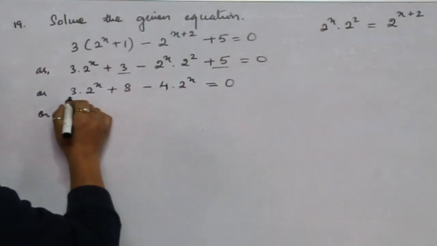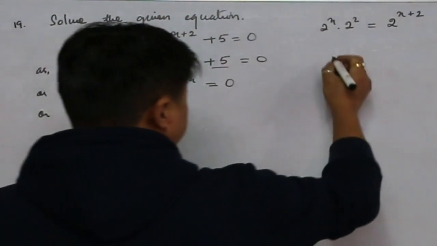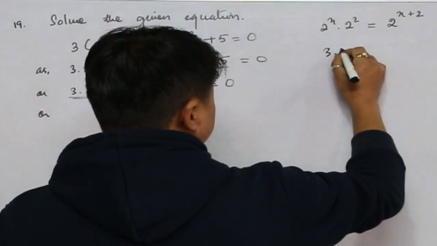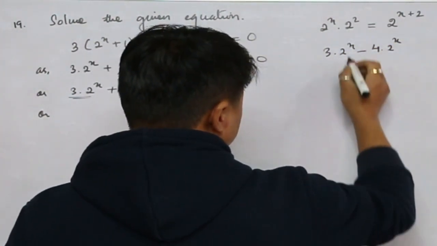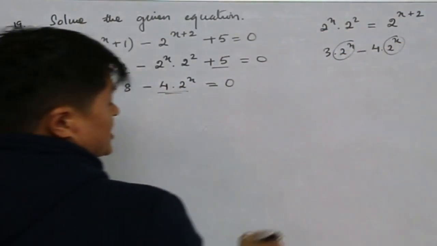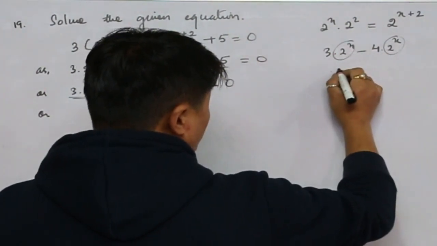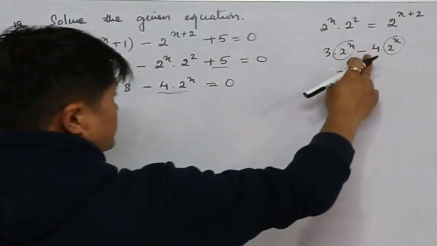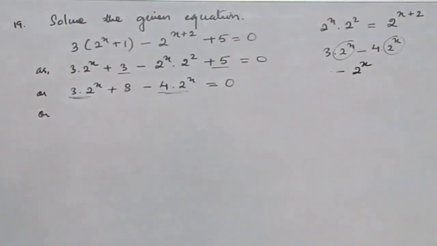If you noticed, this and this are similar terms, because it is 3 into 2 to the power x minus 4 into 2 to the power x. If you consider this as a variable like a, b, c, any term, then we can write 3 minus 4 is 1, and since the bigger term is negative, this is minus 2 to the power x.